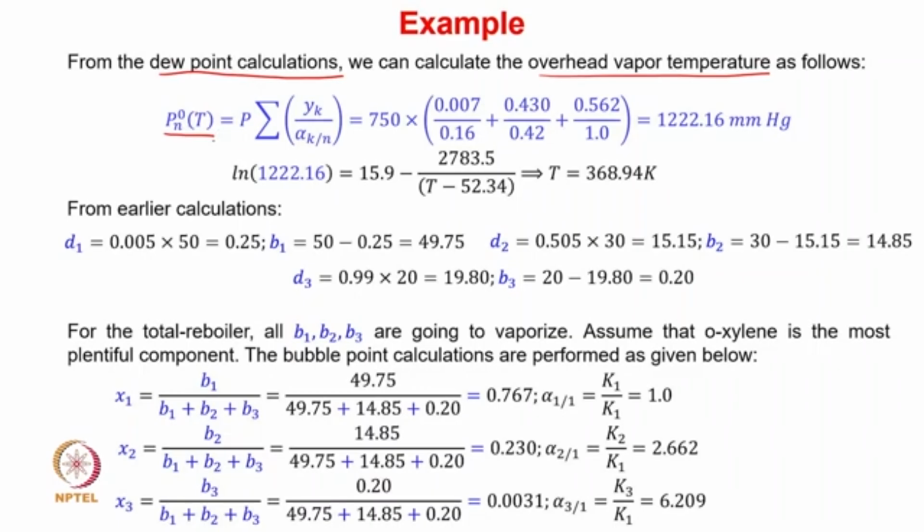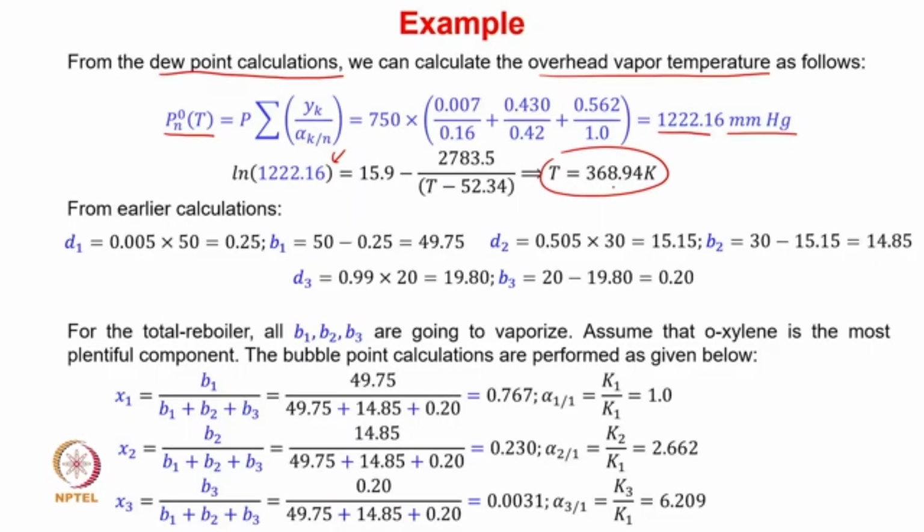So Pn not T we can obtain as P into summation of Yk by alpha Kn. So that comes around 1222.16 mmHg. We can back substitute in the original equation, and we can find out the temperature, and the temperature comes around 368.94.